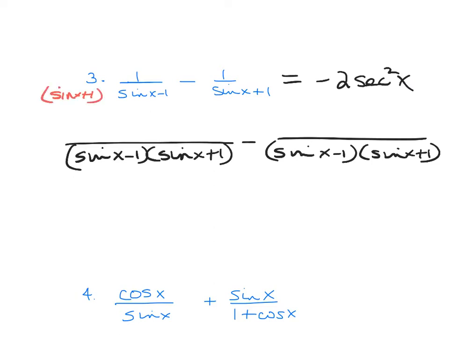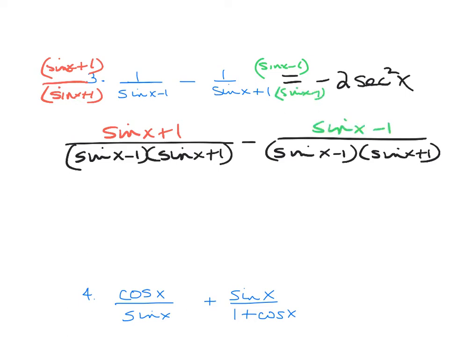So whatever it's missing from the denominator, you're going to also multiply it to the numerator. So this new numerator is sine x plus 1. Then over here, this one's missing the sine x minus 1. Now that I have a common denominator, I can add my numerators, or actually subtract my numerators.